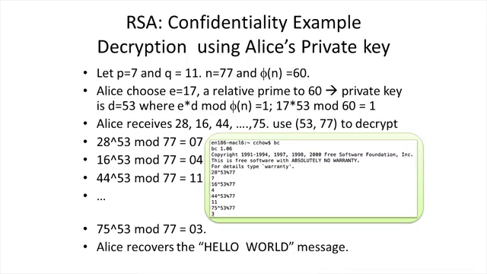Since Alice received these encrypted numbers from Bob, 28, 16, 44, 75, we are going to use the private key, 53 and 77, to decrypt them.